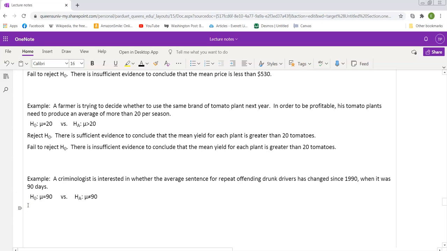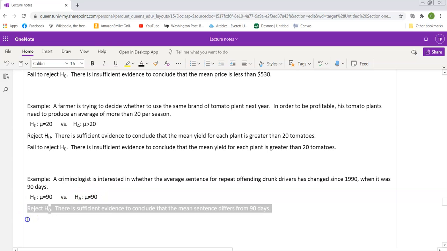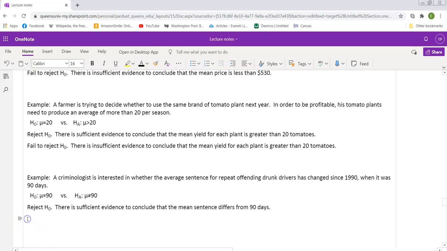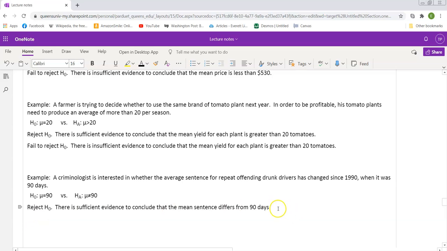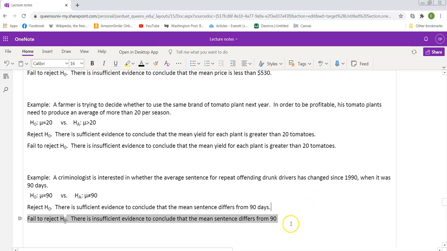If we reject H naught, that means that there is sufficient evidence to conclude that mu differs from 90. And if we fail to reject H naught, that means that there is not sufficient evidence to conclude that mu differs from 90. All right?